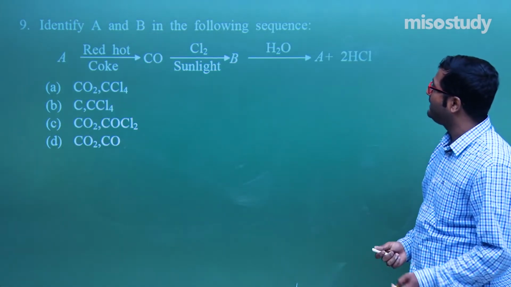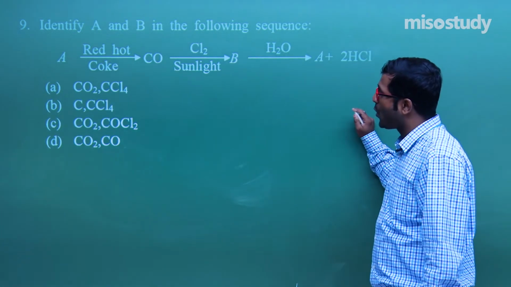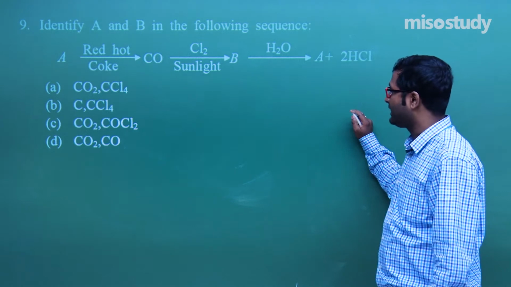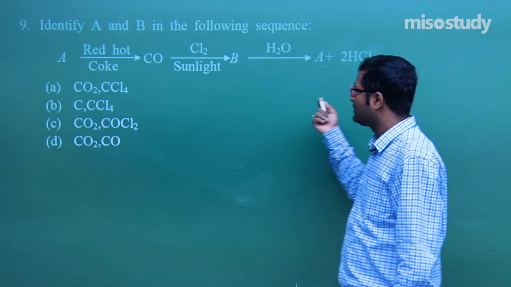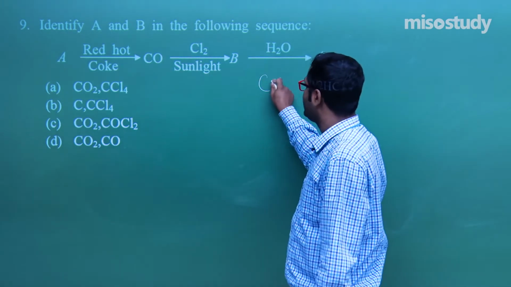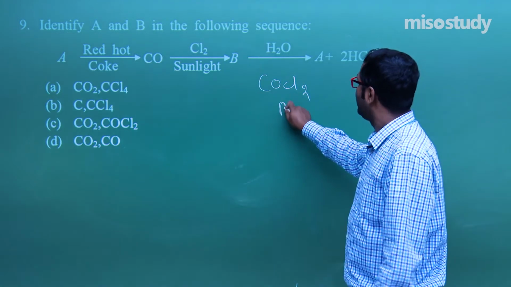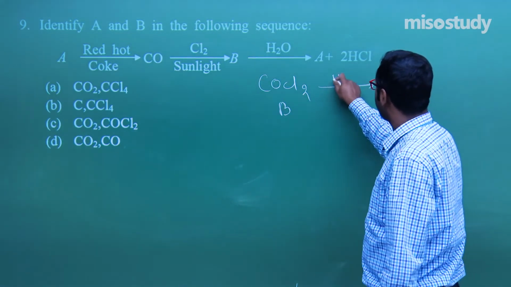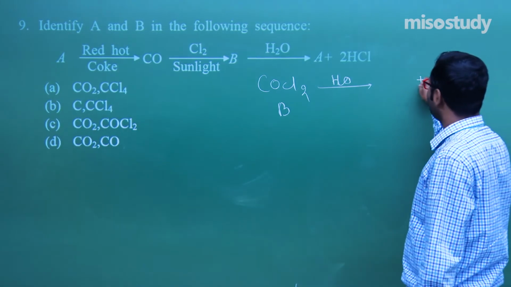Identify A and B in the following sequence. A, red hot coke gives carbon monoxide, which on treatment with Cl2 gives COCl2, and this is B. B on treatment with H2O first gives HCl, and second gives CO2.